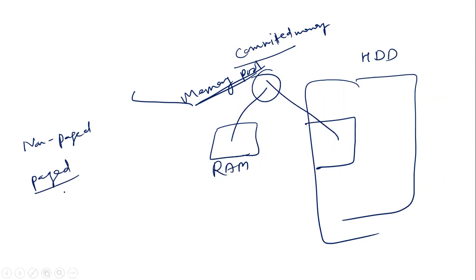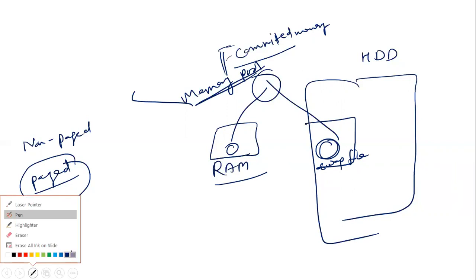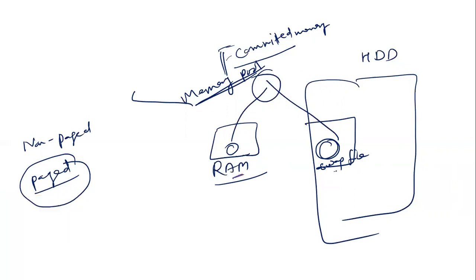Always remember, if it is paged memory, data may or may not be in the RAM. Because this committed memory, or memory pool, consists of both RAM and this particular swap file. Yes or no? Yes. So this RAM and this swap file combined make this memory pool.